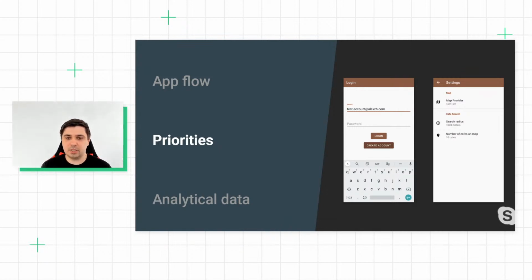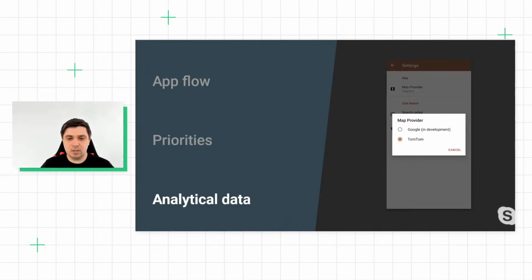Many applications have an About screen, and people almost never read it. Maybe they read it, but not as often as other screens. And when your application has been on the market for some time, you probably have analytical data. With such data, you can see that one option is more popular than another, maybe because it's set up by default and people don't change it.